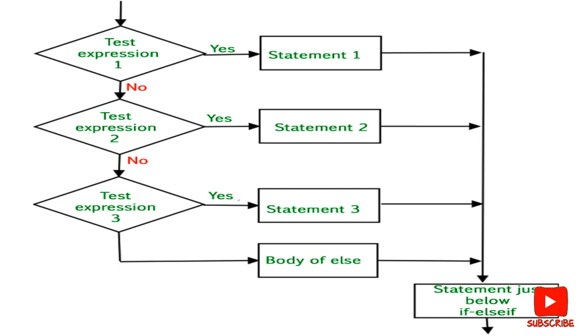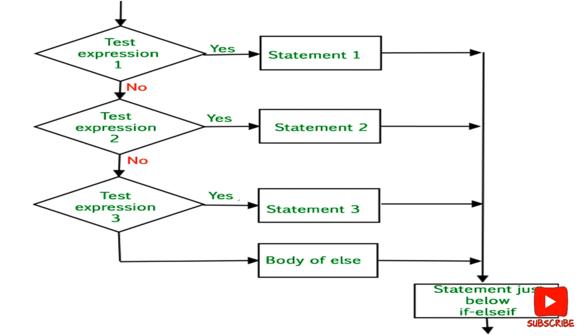Now, if all the test expressions 1, 2 and 3 turn out to be false, the program will execute the code inside the else block. This ensures that something still happens even if none of the conditions are met.